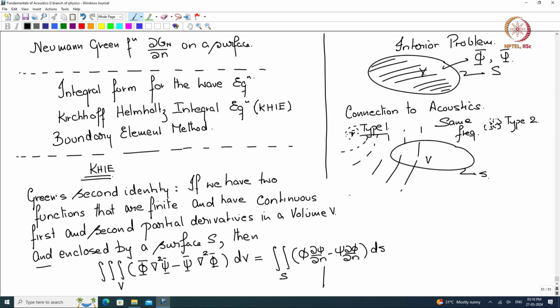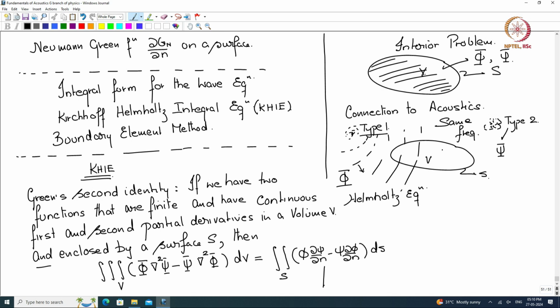So, now the Helmholtz equation, okay, that means the time eliminated acoustic wave equation, for this set of sources, let us say the solution is phi, and for this set of sources, let us say the solution is psi.